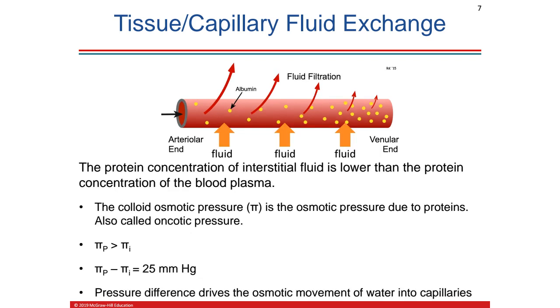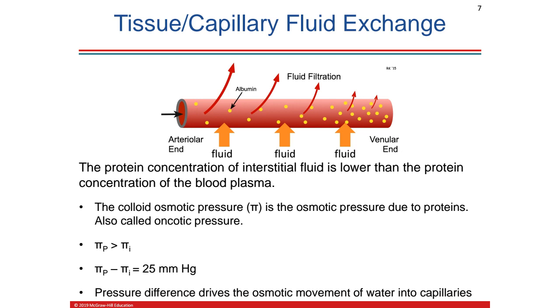Recall that within blood you have, in addition to red blood cells and white blood cells, solutes but also proteins. And as I mentioned earlier, within the filtrate you have water and solutes, such as sodium chloride, potassium, and glucose, and things like that. But there's a real absence of protein.